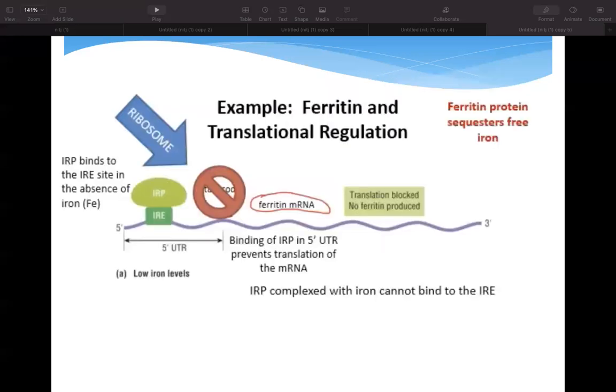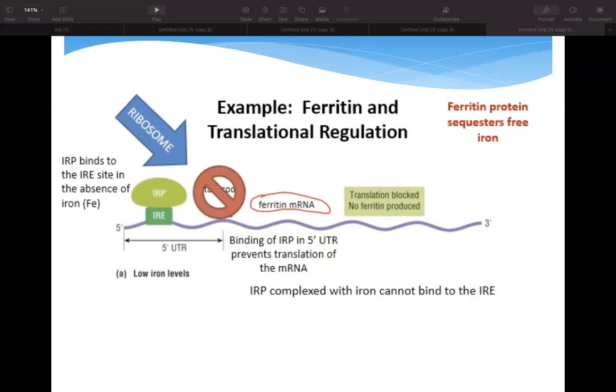binding. So you can see the ferritin translation regulation, where the iron response protein will bind to the iron response element when the iron levels are low.